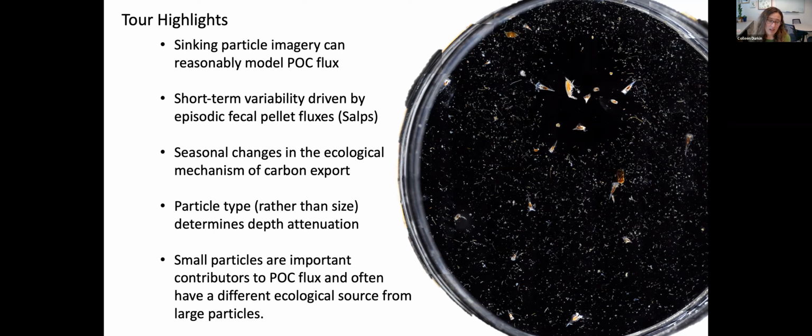We saw some intriguing evidence that particle type rather than size determines depth attenuation, and that small particles are important contributors to POC flux, and they often have a different ecological source from the large particles. So I hope I have time for questions, and if you don't get a chance to ask your question, you can send me an email.